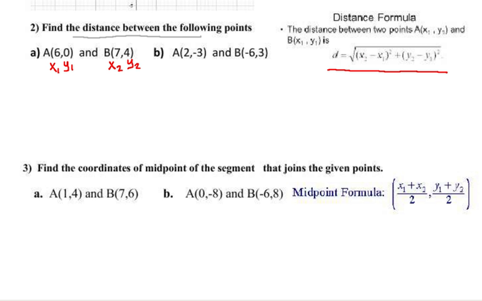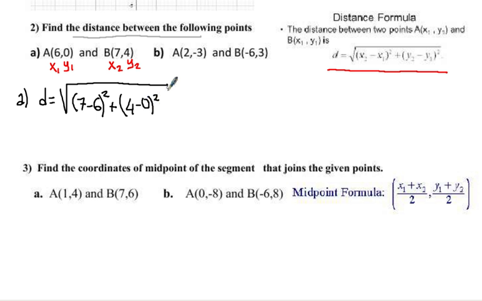So if we use the formula for A1, let's say A, D is equal to x2 minus x1. So in a parenthesis, x2 is 7 minus x1, and its square, plus y2 minus y1. y2 is 4 and y1 is 0, its square.